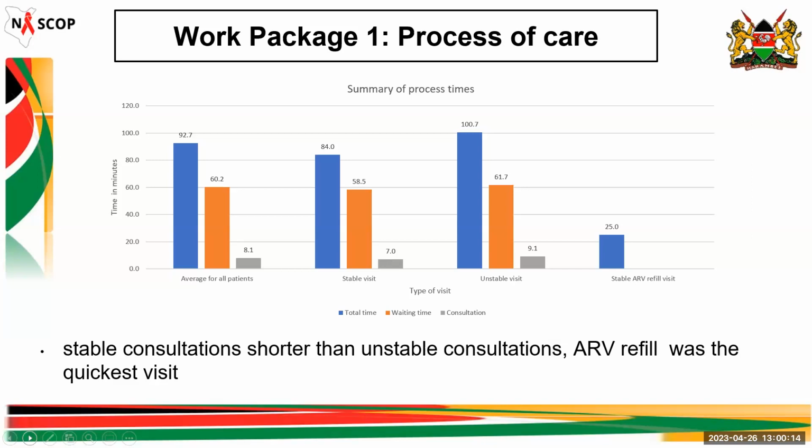One of the things we did when we were doing the costing is the determination of the process maps and the time it takes for service delivery, and measure the resources. At every step that we map in the process map of care, we map the resources that are utilized for service delivery.